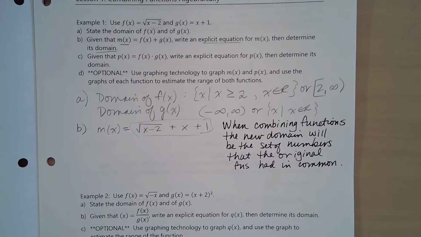Okay, so whatever the old domains were, you look at the domains of the two original functions and you look at only the parts of the domains that they had in common.